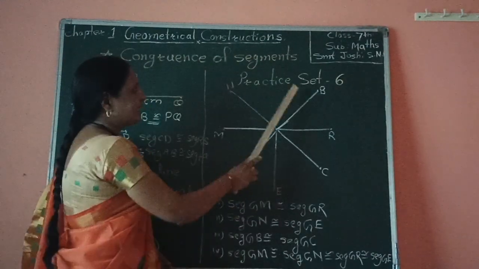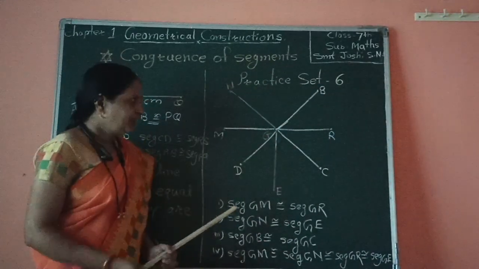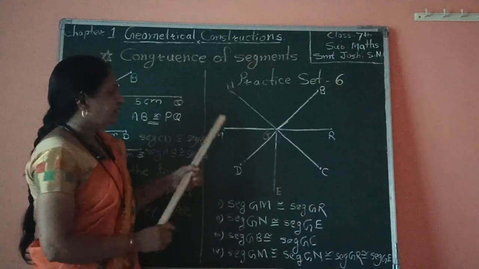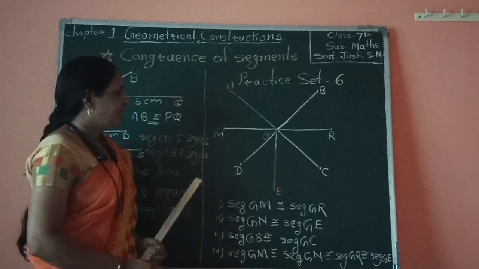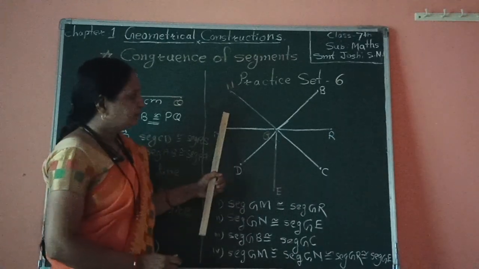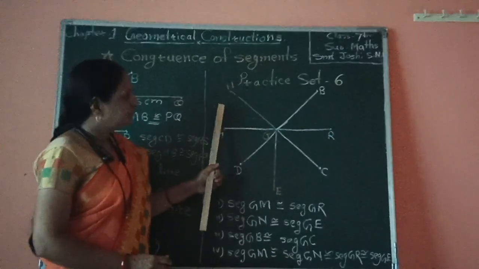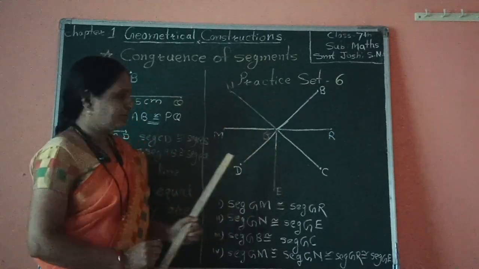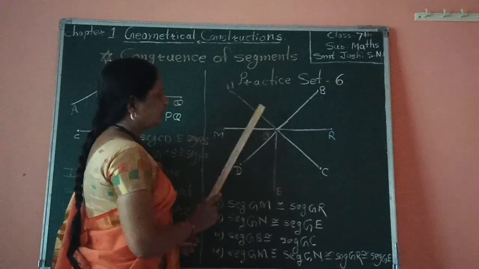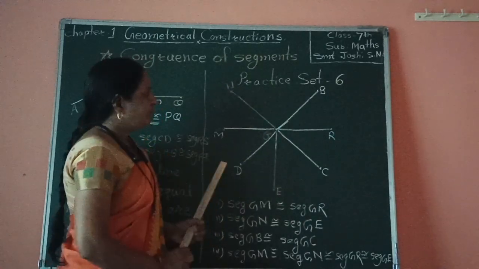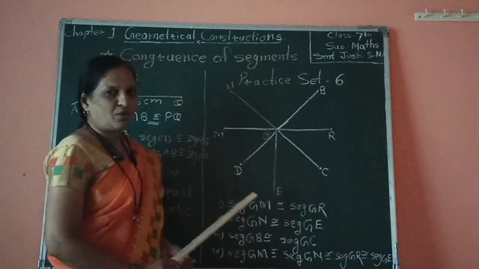See practice set 6 in the textbook. In the first question, a figure is given and we are asked to write down the names of congruent segments. Put the divider on your textbook and write down which line segments are congruent.